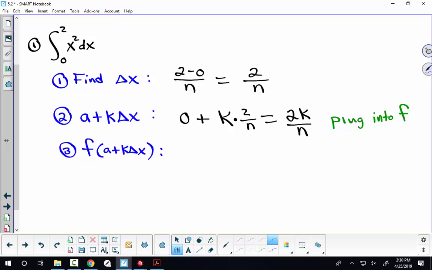Notice here the function given to us is just x squared. So whatever we plug into f of x, it just squares it. So since we're evaluating f of 2k over n, we just have 2k over n squared.